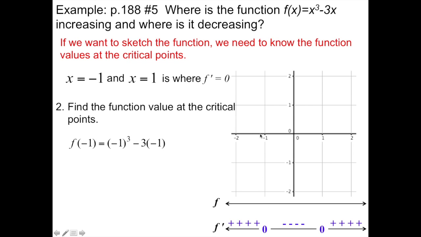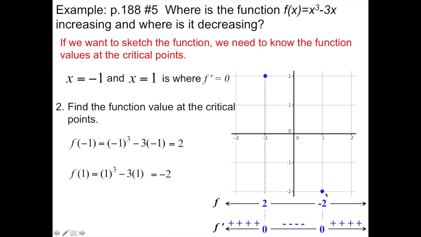Okay, so at -1, if I go back to my function, x cubed minus 3x, I plug in -1, I get -1 plus 3, right? -3 times -1, that's 2. So my function value is 2 at this critical point here. Let's go ahead and find our function value at this critical point. So that's when x is equal to 1, so I plug 1 in here. When I do the math, I get -2. So my y value here is -2.